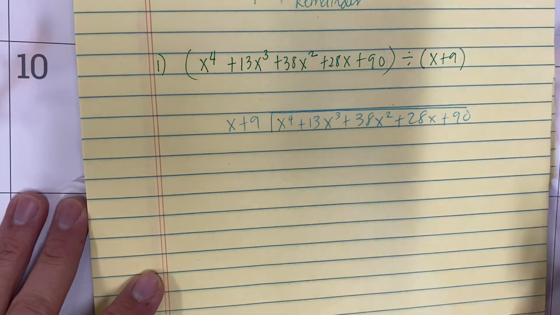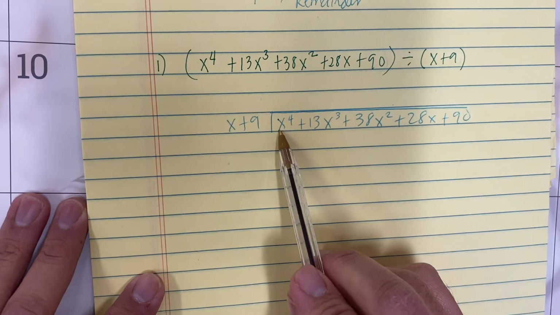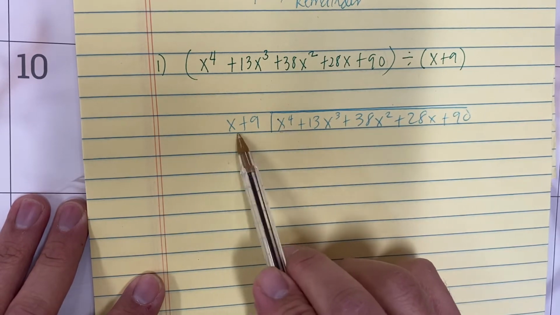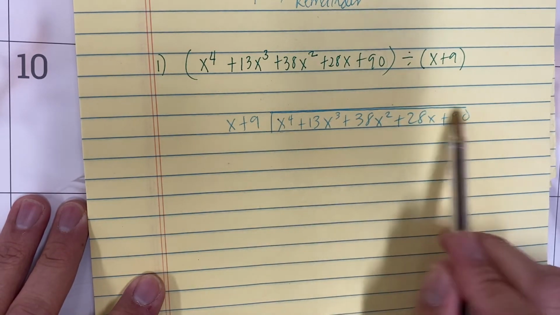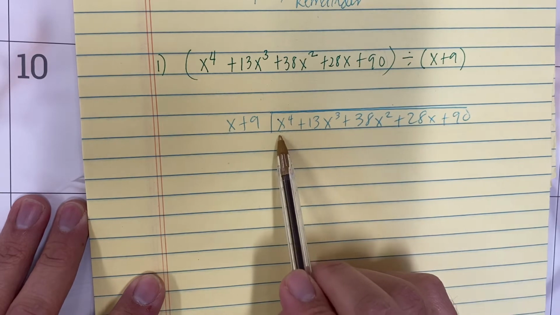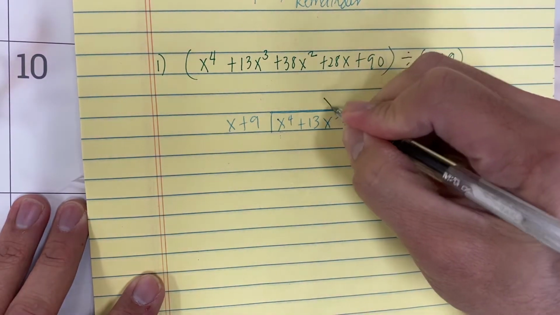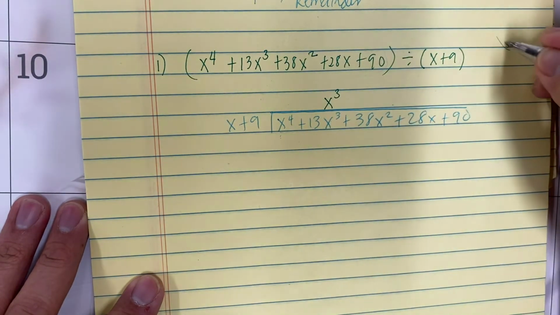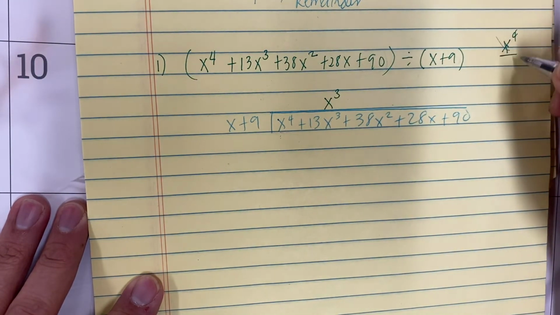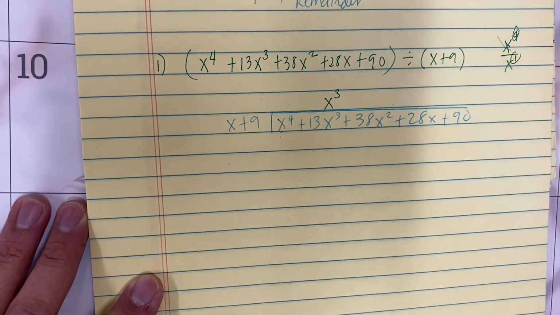Okay, pay attention here. The first thing you need to do is divide the first term by the first term here. Remember, they're all in standard form. Okay, x to the 4th divided by x will give you x cubed, because x to the 4th divided by x, you subtract the 4 and the 1, that will become 3.